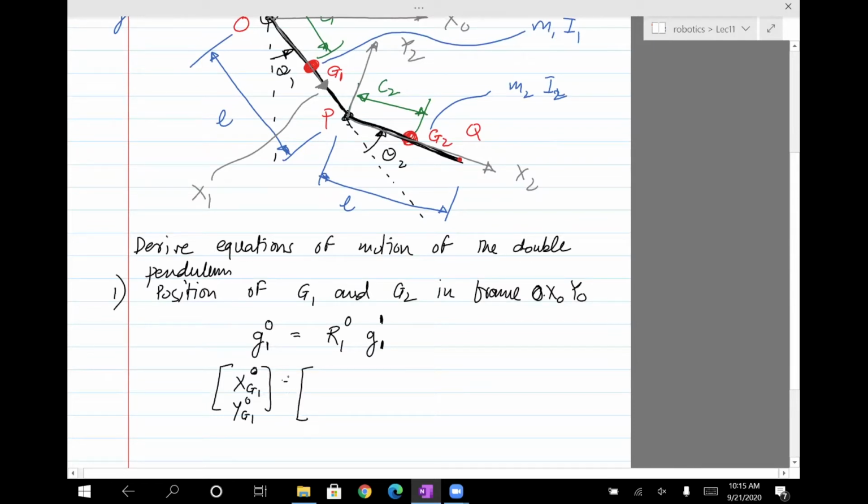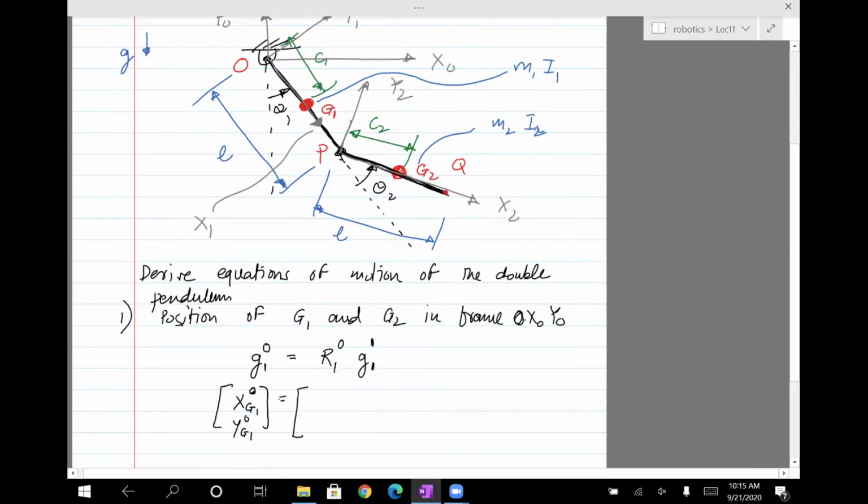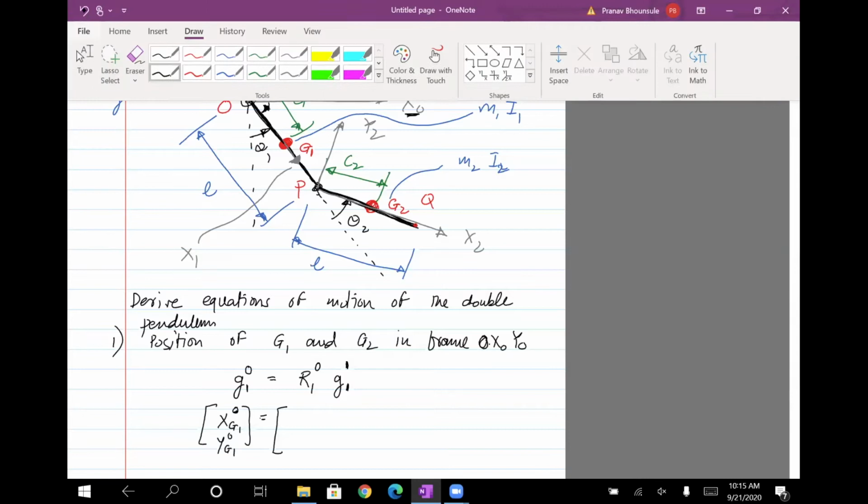The rotation matrix, okay, now you have to be careful. When we define the rotation matrix, we always define the angle theta to be from axis x0 to the link. So x0 is here and the link is here. So you can't take a shortcut in saying that this is the angle, because that angle is clockwise and we always define angles in the counterclockwise direction.